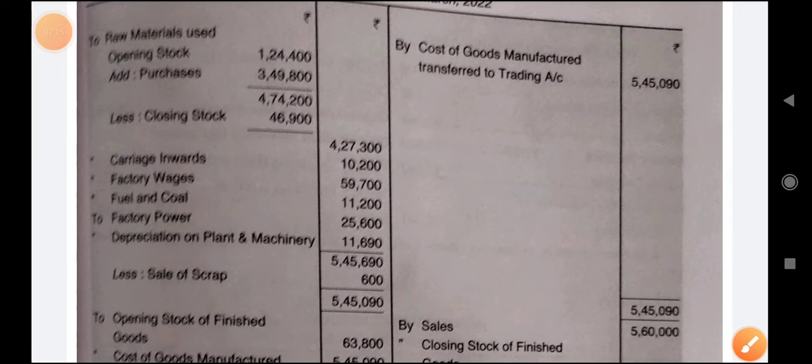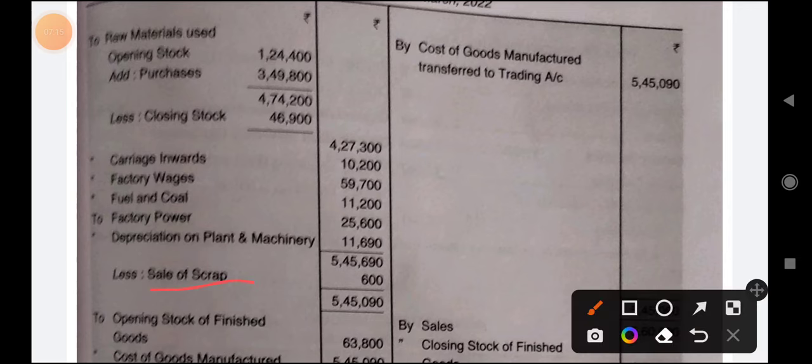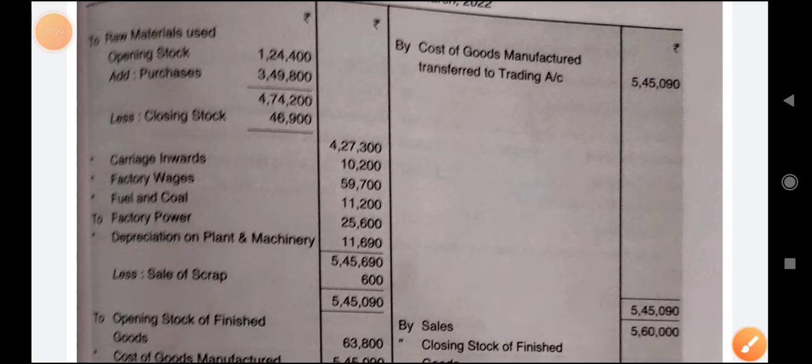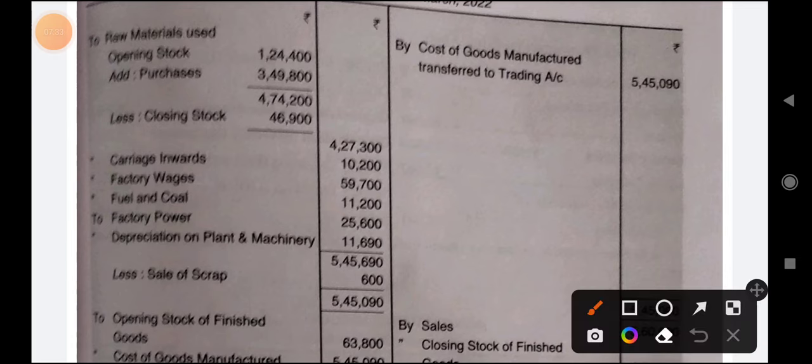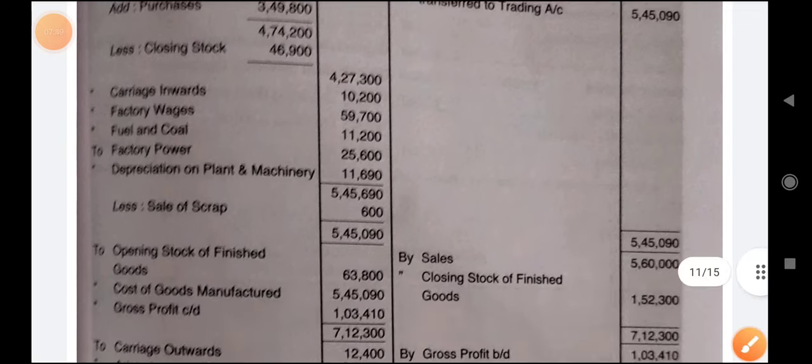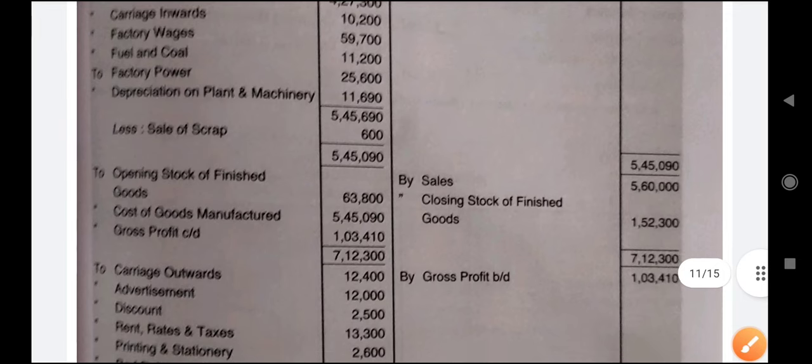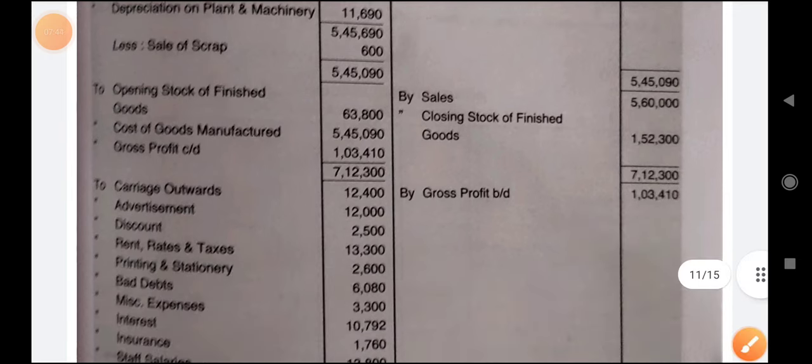All expenses minus sale of scrap. You can deduct sale of scrap here, or you can write it on the credit side. Then also cost of goods manufactured will be your balancing figure. This balancing figure is carried down to the trading account.